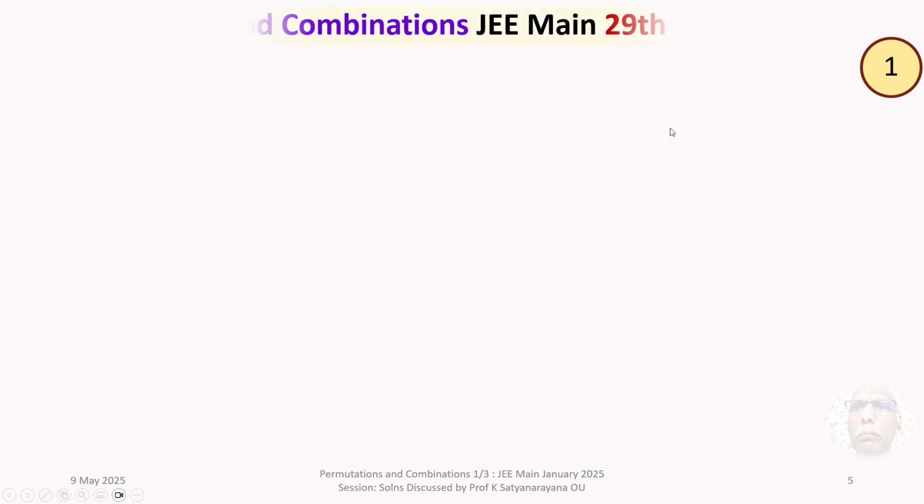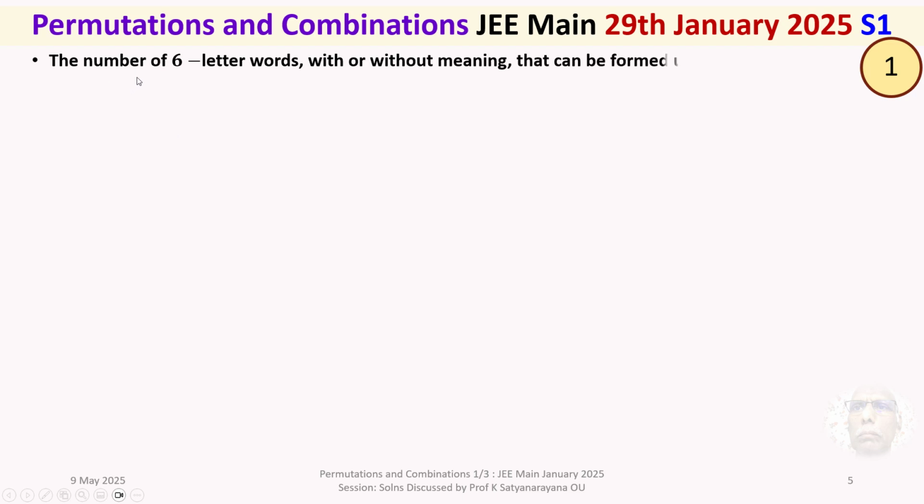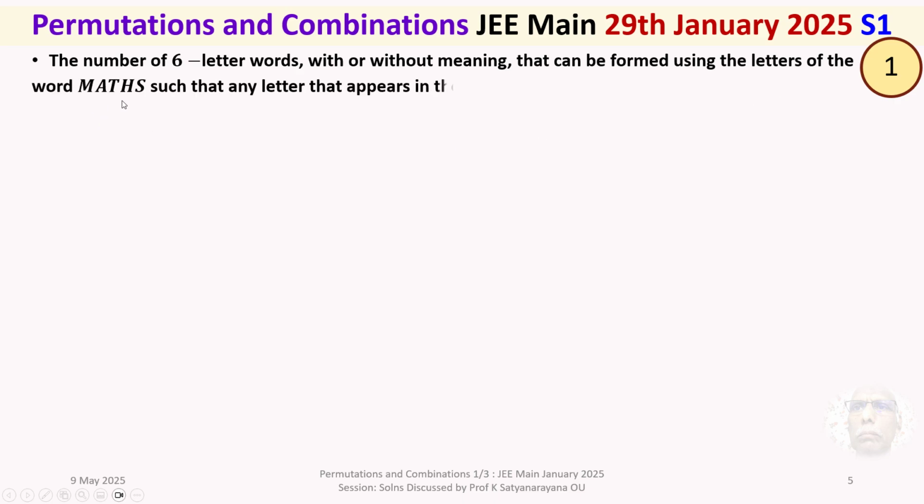This question has appeared in the JEE Main exam held on 29 January 2025 in the morning shift. The given question is: the number of 6-letter words, with or without meaning, that can be formed using the letters of the word MATHS, such that any letter that appears in the word must appear at least twice.